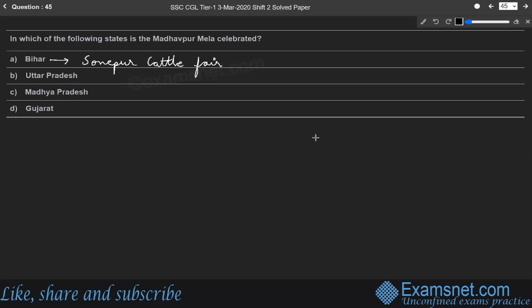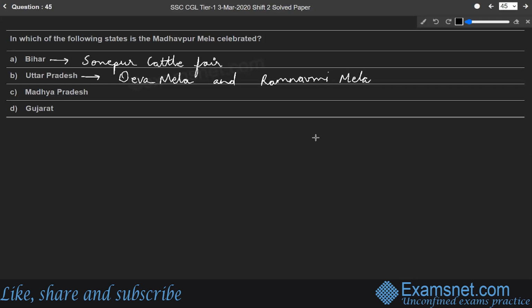Next is Uttar Pradesh. In the state of Uttar Pradesh, Deva Mela and Ram Navami Mela is held. Next is Madhya Pradesh.